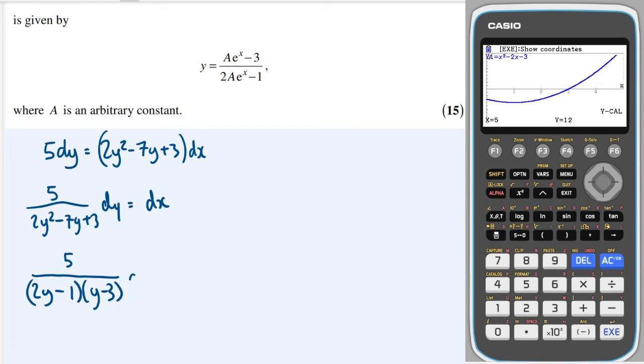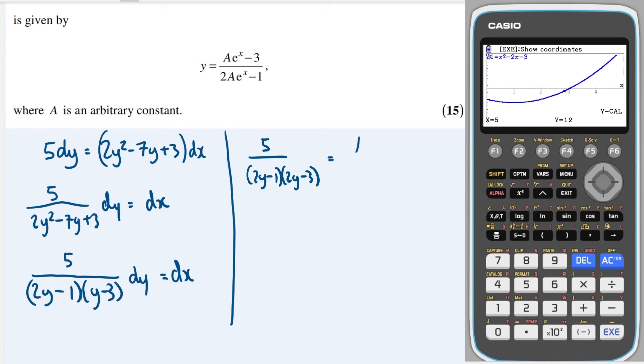I think that does the job. Yep. And then we will need to make this into a partial fraction. So 5 over 2y minus 1, y minus 3 is equal to a over 2y minus 1 plus b over y minus 3.